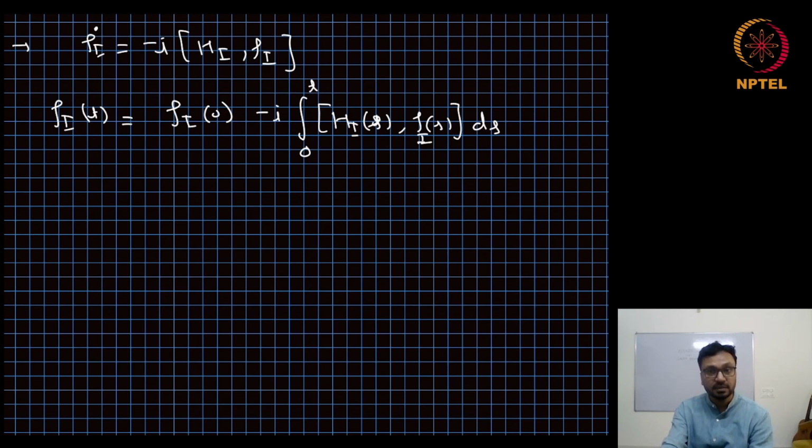So it's a recursive solution, and we can substitute rho I(t) in this expression to get the second order.